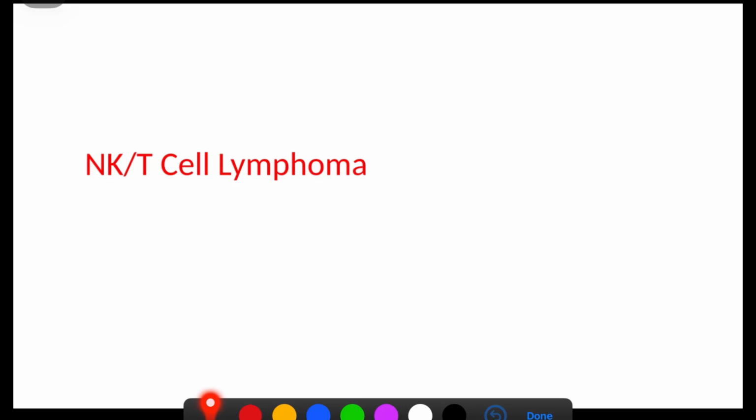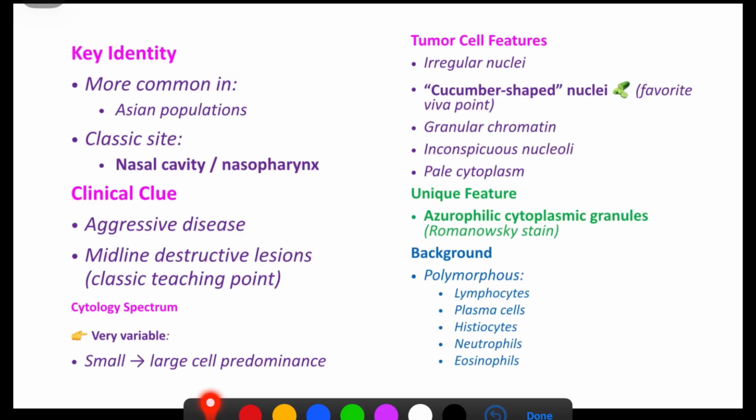Now natural killer/T cell lymphoma, more common in the Asian population. Classic sites include the nasal cavity and nasopharynx, where it is aggressive with a midline destructive lesion. Cytologically very variable, from small to large cell predominance, with irregular nuclei, sometimes cucumber shaped nuclei.